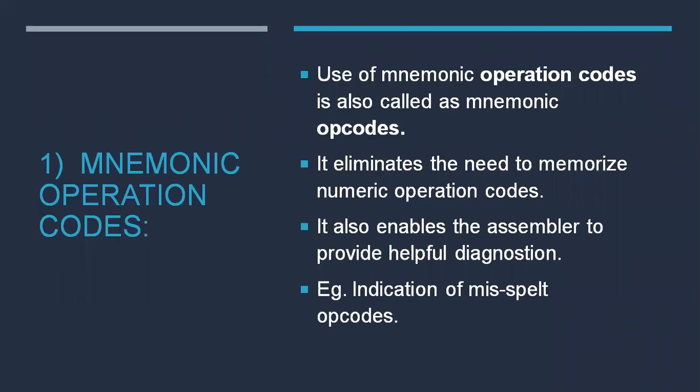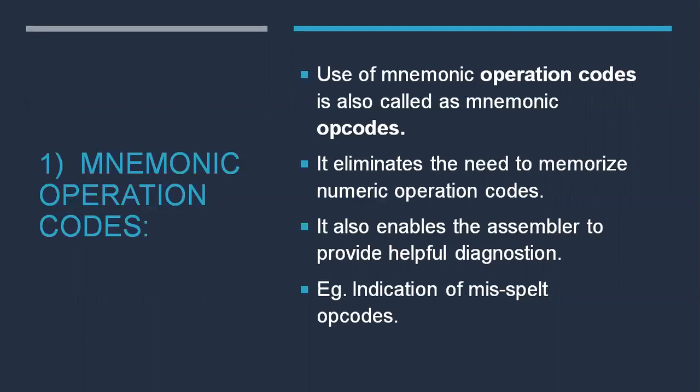So let us start with the first feature of assembly language programming compared to machine language. The first feature is mnemonic operation codes, also called mnemonic opcodes. Because of the introduction of mnemonic operation codes, there is no need to memorize numeric operation codes. Now you know what is meant by operation code.